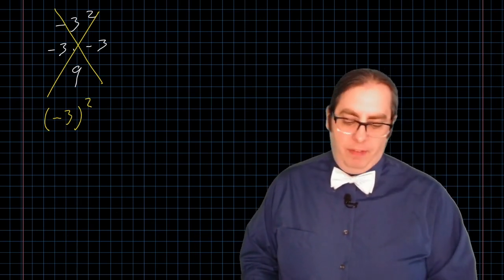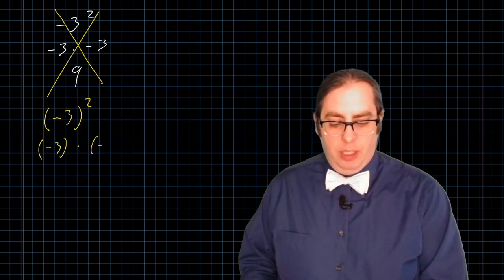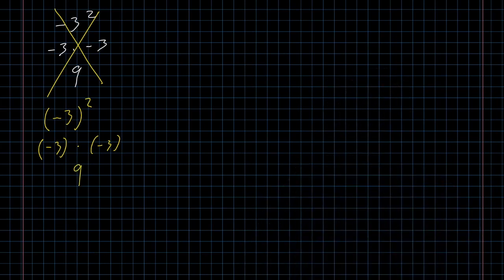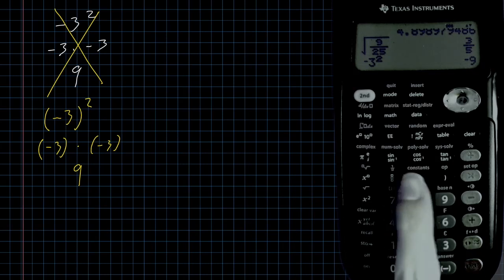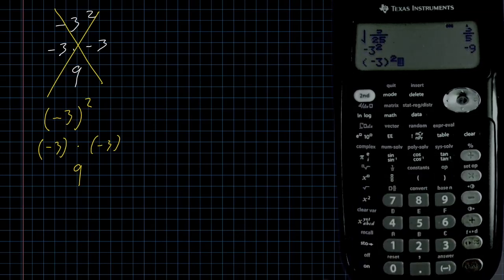This does give us -3 times -3, which does come out as +9. And if I jump back to my calculator and I include those parentheses, opening parenthesis, -3, close parenthesis, squared, it does give me +9.